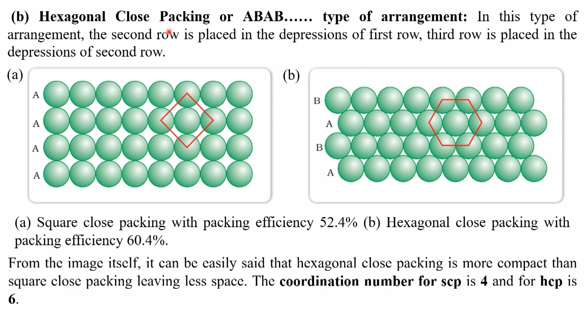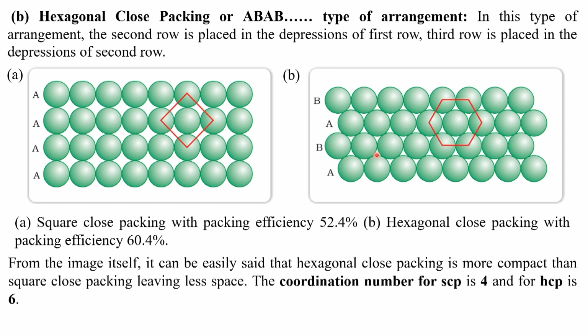Then we discuss hexagonal close packing or ABAB type of arrangement. In this type of arrangement, the second row is placed in the depressions of the first row, third row is placed in the depressions of the second row, and so on. If we consider this one, A and then B and then again A, so there is a depression and then again B like this.